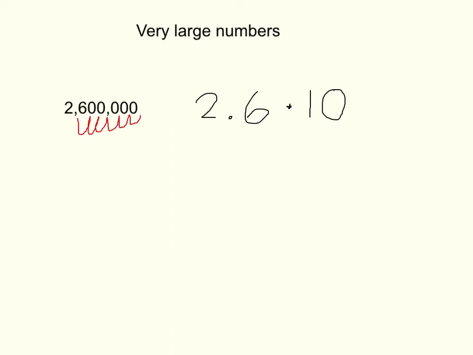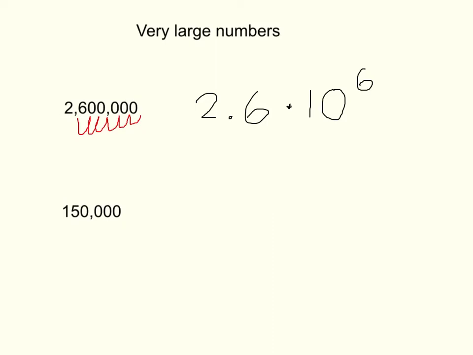So that makes our exponent 6. So now we can make a rule about our exponent. When we move our decimal left, the number of times we move the decimal is the number we put in our exponent. So let's try that in one more example.